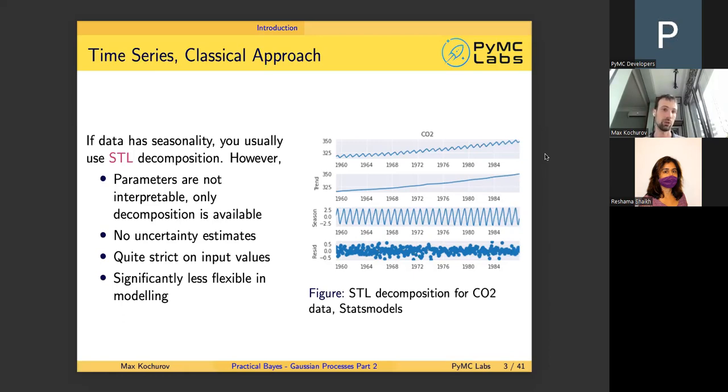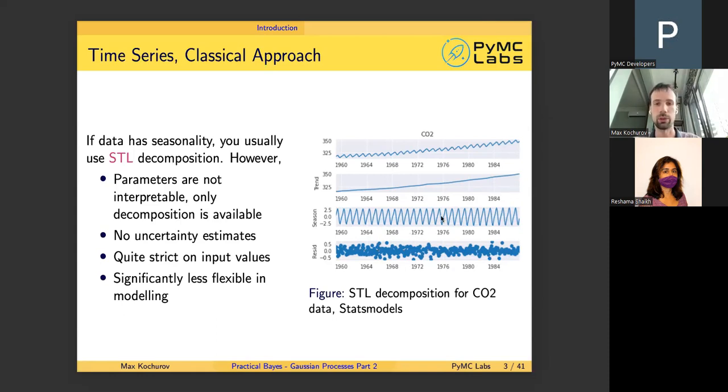When you do STL, you specify what the periodic part is, like weekly, monthly, or yearly, and you get a point estimate of the whole decomposition with the residuals. You can see this basic picture on the right. Here is the decomposition of the CO2 dataset.